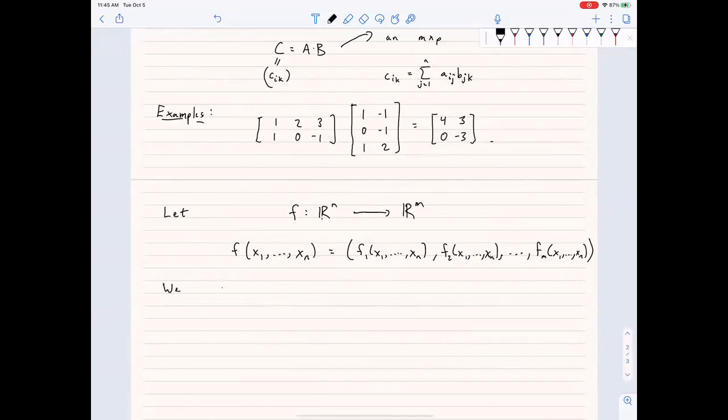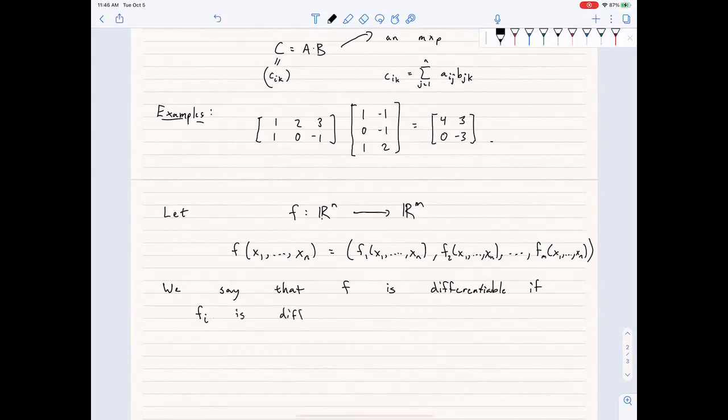Well, we'll say that f is differentiable if each of these functions is differentiable. f sub i is differentiable.